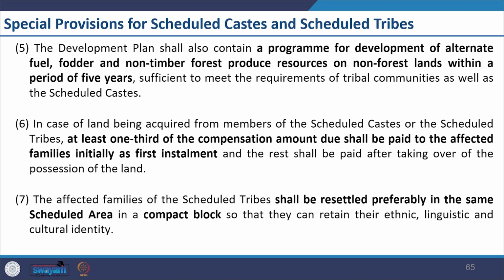This development plan would also provide the program for development of alternative fuel, fodder and non-timber forest produce resources, how that's compensated, and it would take care of all the compensation amount, how the families are paid, and it has to be done in a similar area. As far as possible, the resettlement should be done in some scheduled area and in a compact block.